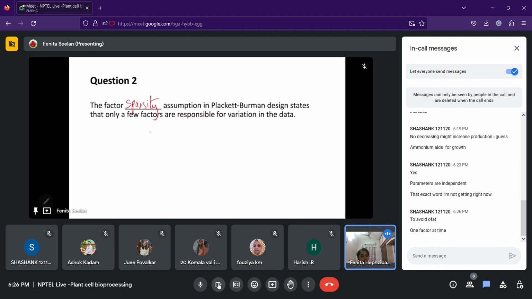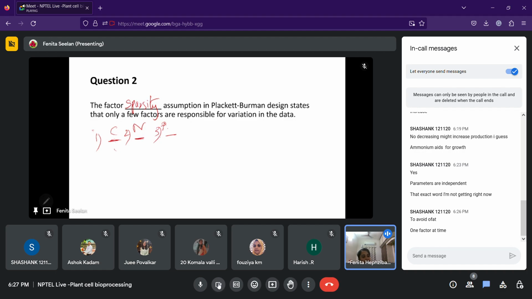Say for example, I have carbon, nitrogen, and some phytohormone concentration. So these are my factors: first factor, second factor, third factor.